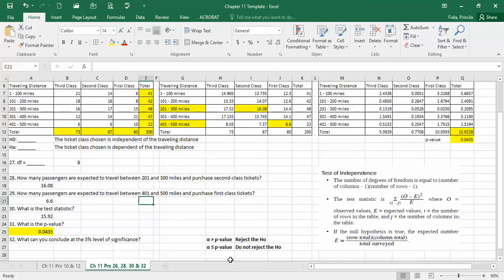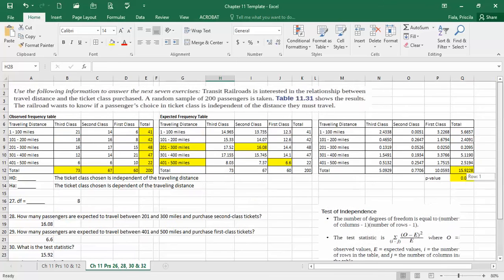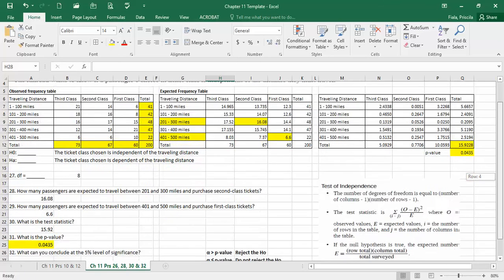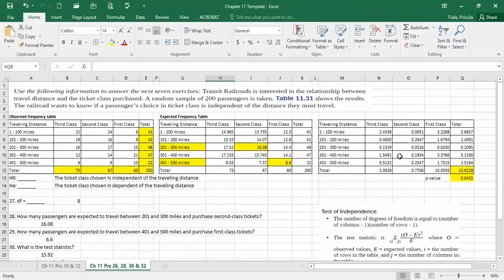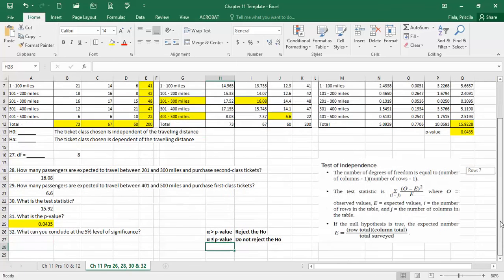Therefore, now you can make your decision. Did they give you an alpha on this problem? No, they did not, or they did down here, right? Oh, I'm sorry, right here. So if your alpha is 0.05 and your p-value is 0.0435, well, your alpha is actually greater than your p-value, correct?